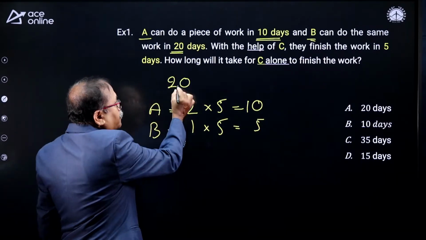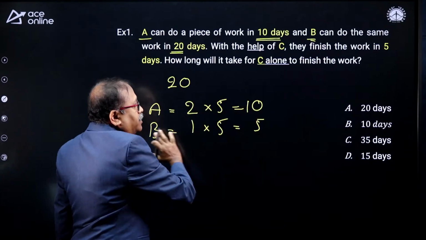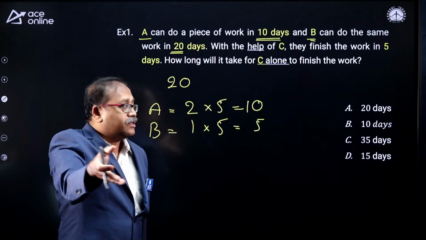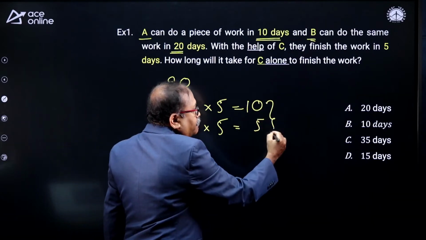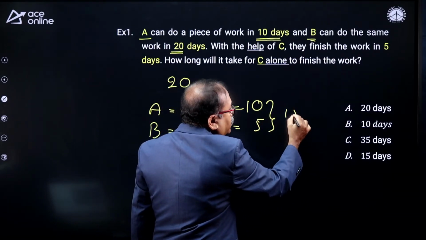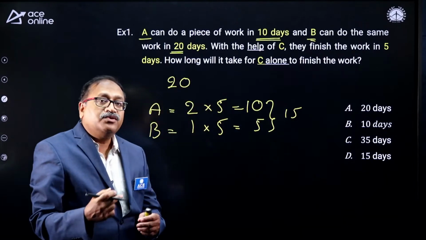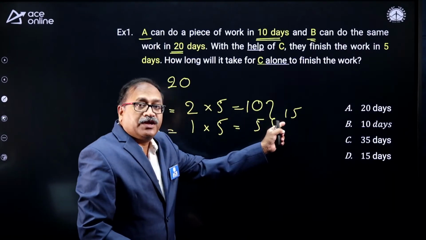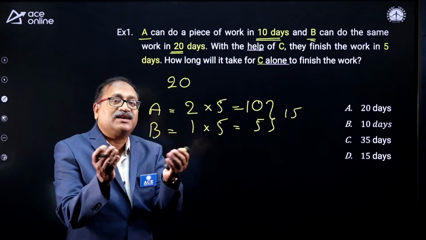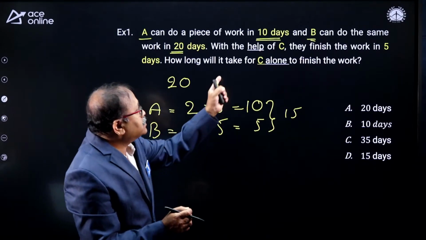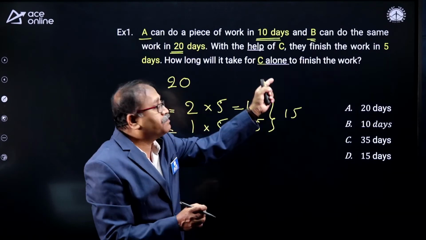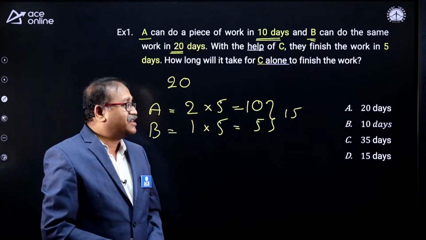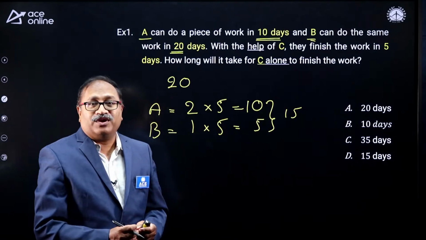That means out of 20 units, 10 units and 5 units are done by A and B. The total completed is 10 plus 5, 15 units. Then who has done the remaining? That is 20 minus 15, 5 units. Obviously, with the help of C they completed the work in 5 days. Therefore, it is C who has completed the remaining 5 units.